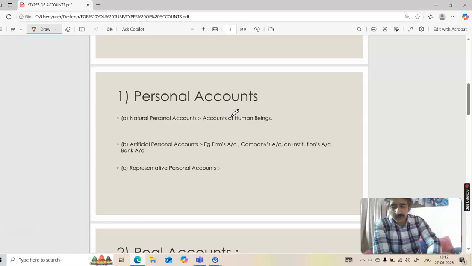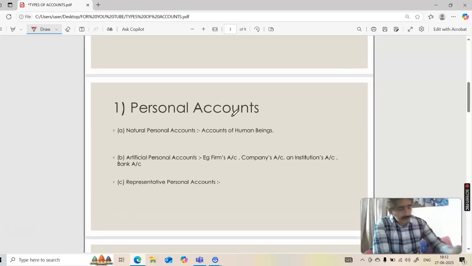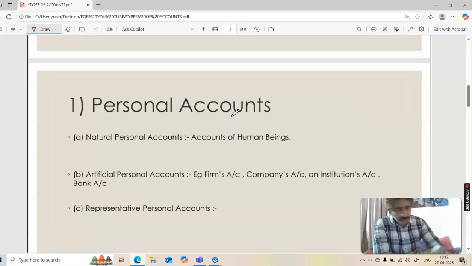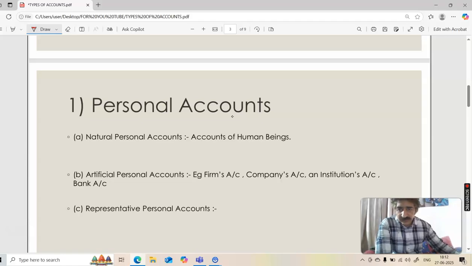Personal accounts. Now, children, personal accounts, let me enlarge the screen so that you can see. There are three categories of personal accounts: A, B, and C. As you can see, natural personal accounts are accounts related to human beings, like account of Rakesh, Suresh, Mahesh, Sunita, and so on.